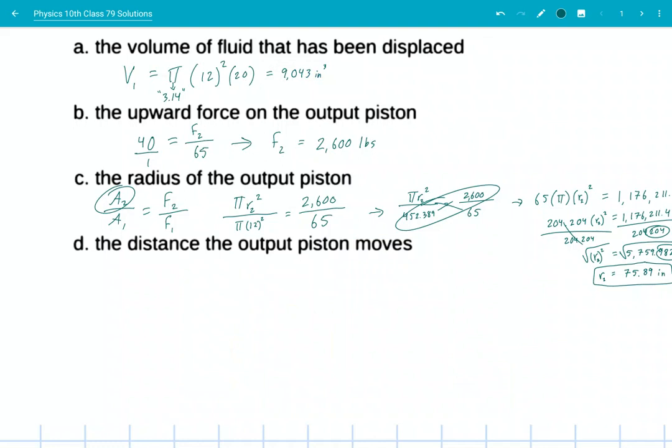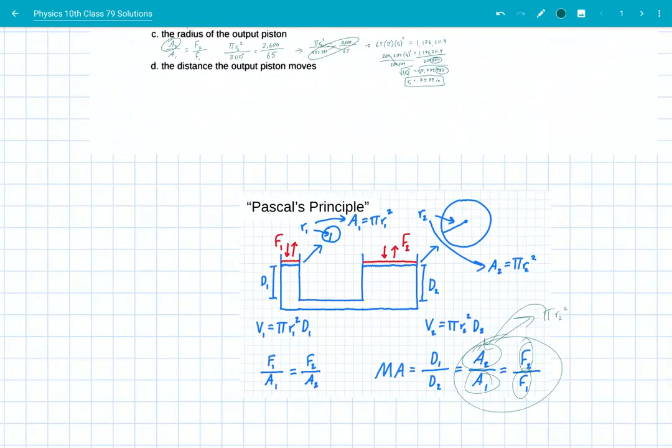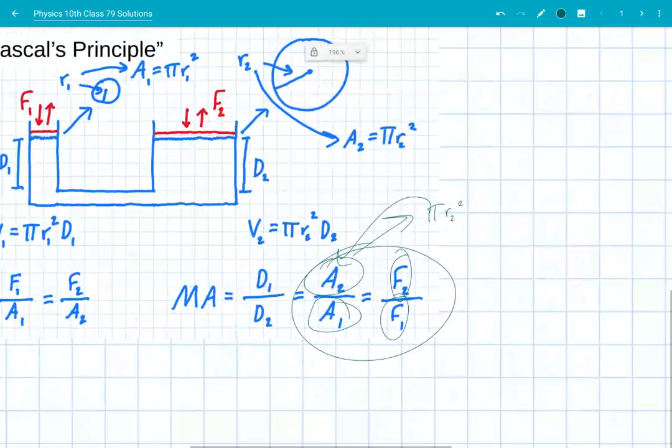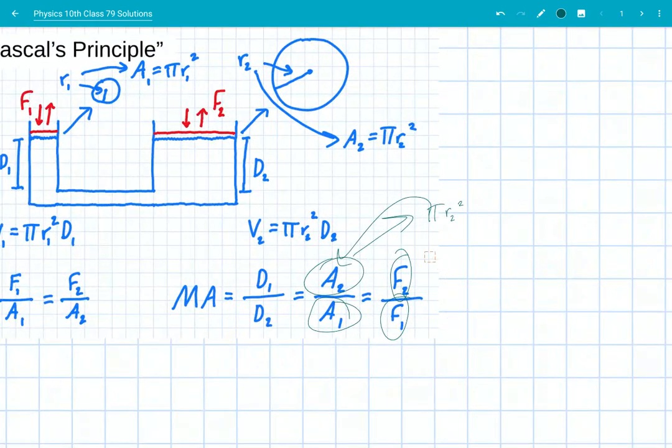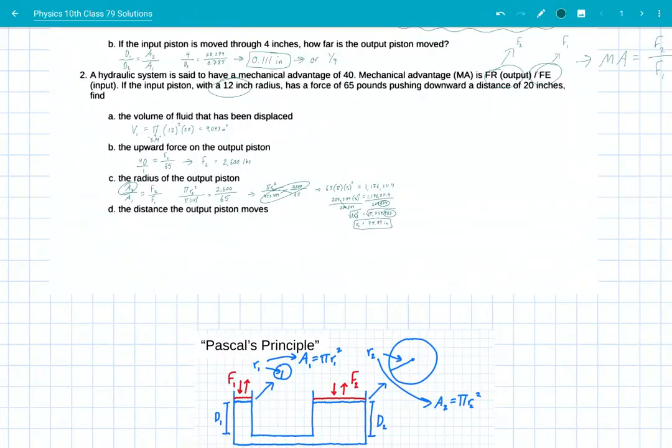All right, last one. We want to know the distance the output piston moves. Let's see what formula we could use. The easiest one I think is, let me get rid of all these little lines, circles, ovals. We already know D1 because they gave it to us, 20 inches.